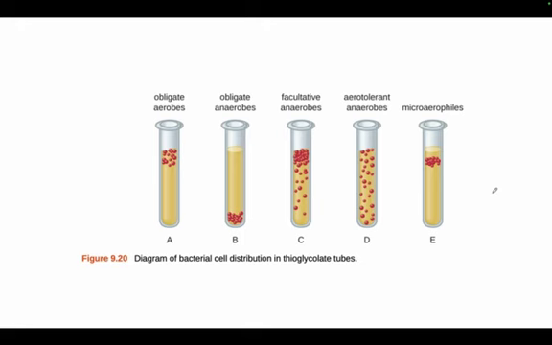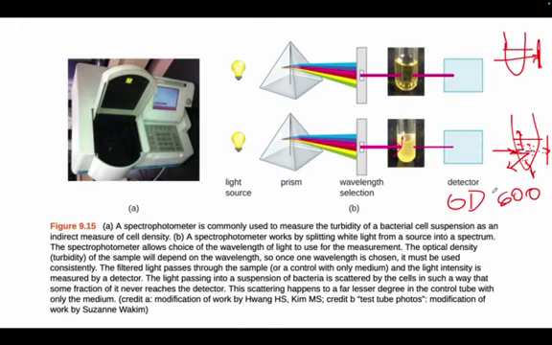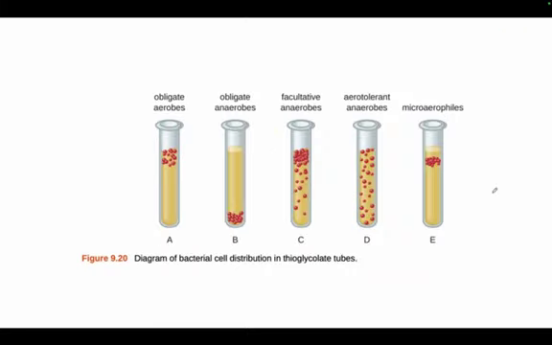Obviously, here we have discussed just how to grow normal bacteria like E. coli, which have very regular culture requirements. But of course, there are different kinds of bacteria. Some bacteria require a lot of oxygen, some require complete absence of oxygen.